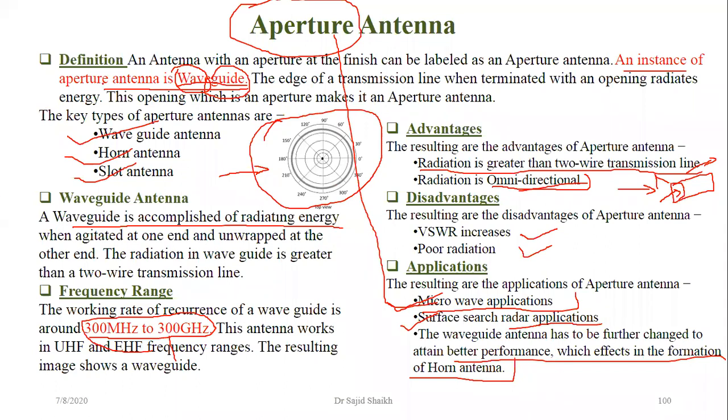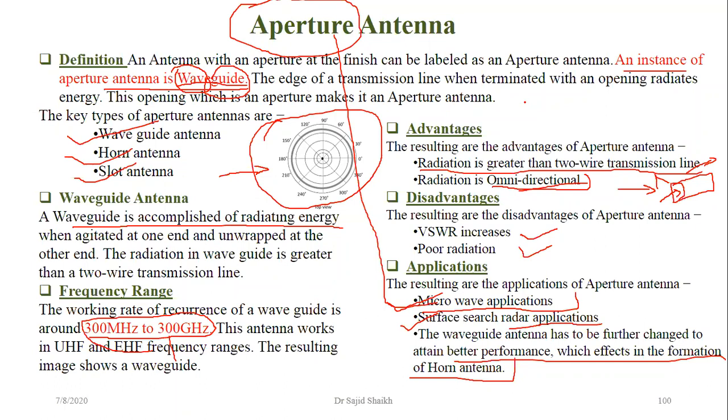So when I summarize this slide on aperture antennas, what you have to understand is, first, these aperture antennas have some aperture or some hole. That is the first important point.